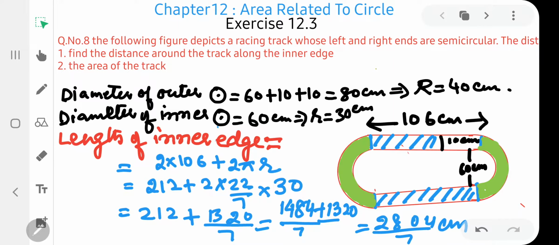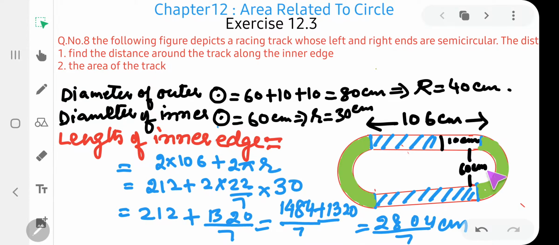Dear students, today we will do question number 8 of exercise 12.3. In this question, we are given a sports track, which is made up of two semicircular rings on the ends, joined with a rectangular track in the middle.